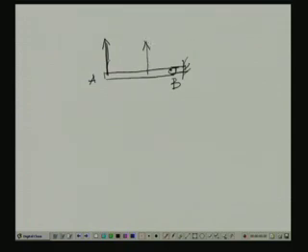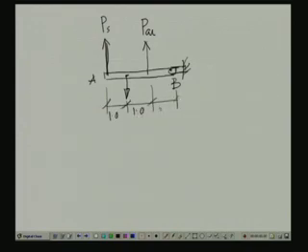This is made of steel, this is made of aluminum. Let us call the force in the aluminum rod P aluminum and the force in the steel rod Ps, and the 50 kilonewton load is hung from this point. This is 1 meter, this is 1 meter, this is 1 meter. This is 50 kilonewton.